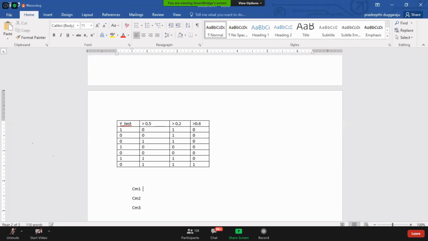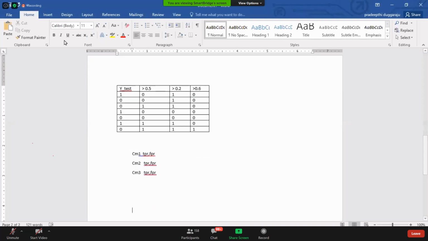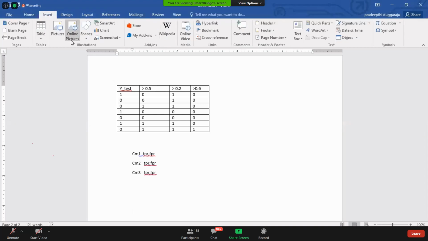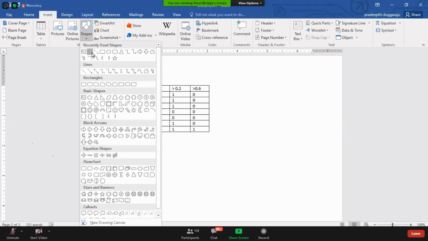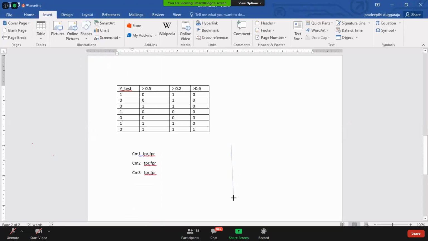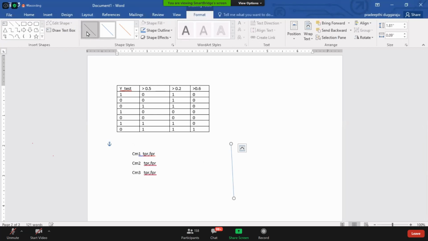So for each of these, you get TPR as well as FPR. Now plot the graph.